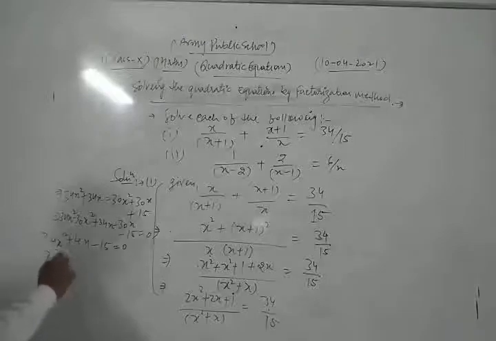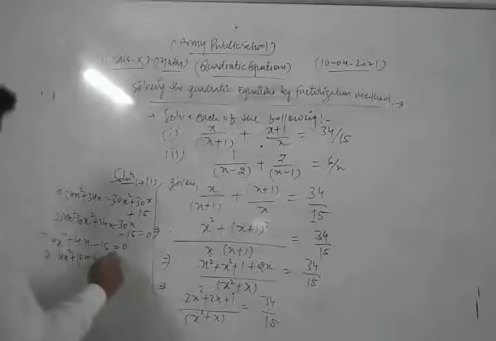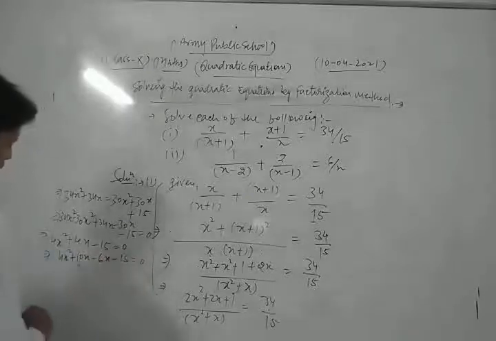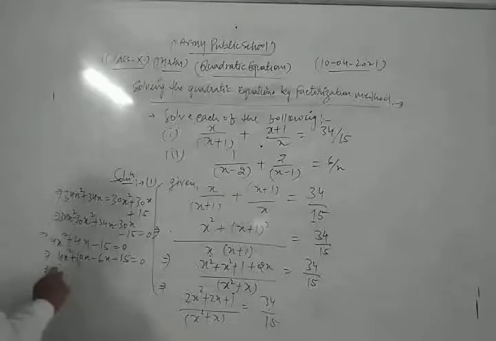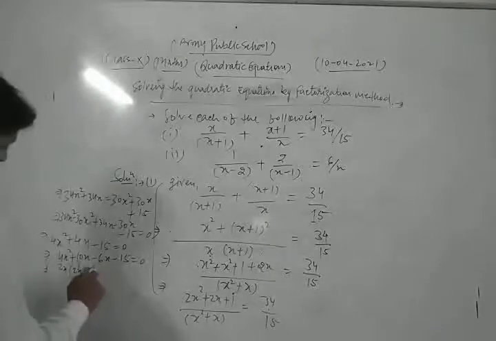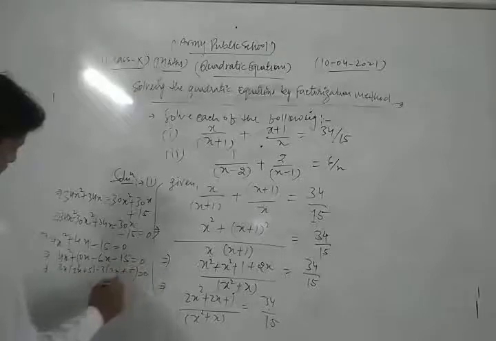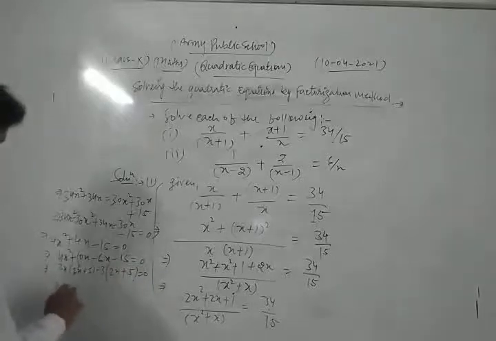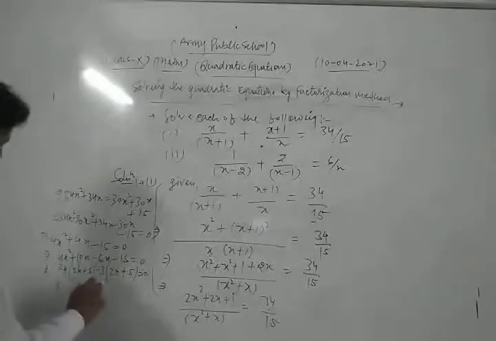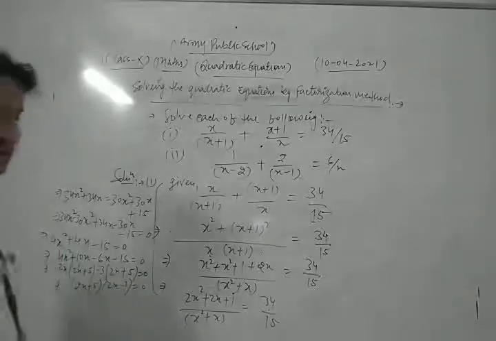So 4x square plus 10x minus 6x minus 15 is equal to 0. Now we take 2x as common, so 2x into 2x plus 5, and here we take minus 3 as common, so 3 times 5 is 15, so 2x plus 5 is left in the same bracket. We get 2x plus 5 in one bracket and 2x minus 3 in another, is equal to 0.